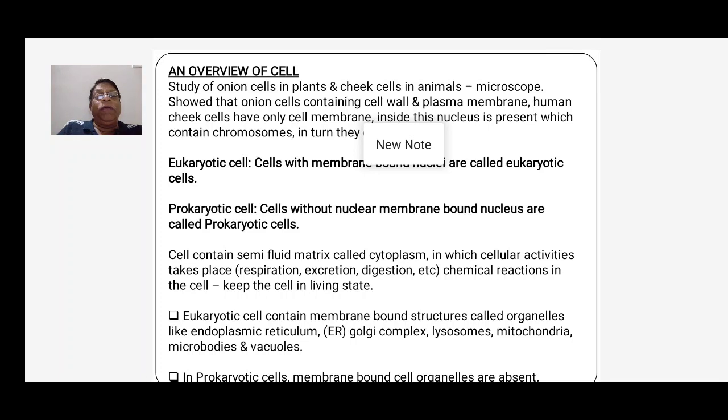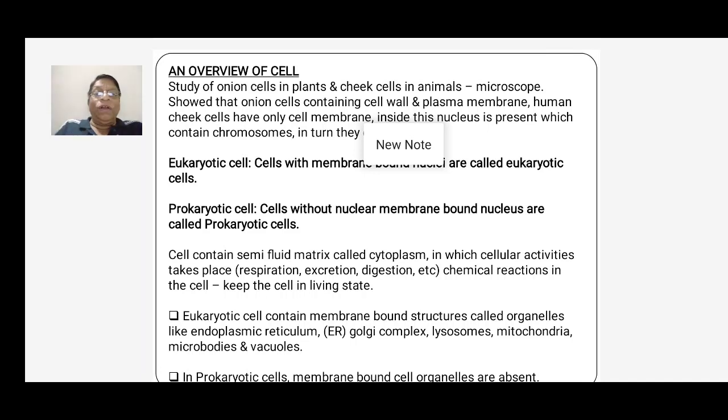How can we study the onion cell or the cheek cell? With the help of an instrument, microscope. With the help of microscope, one can study the cell, the structure of cell to some extent.